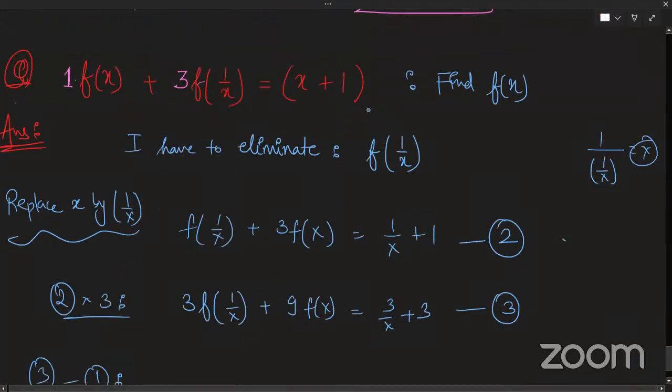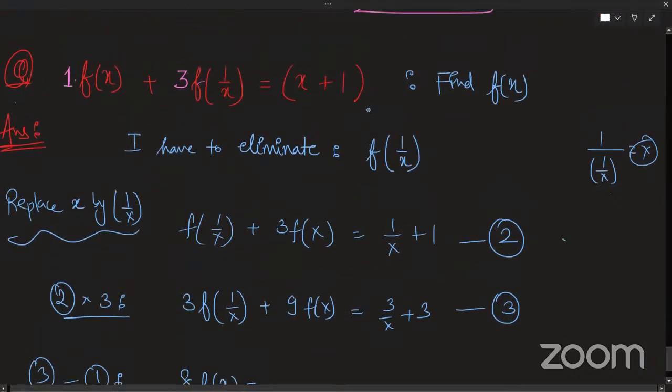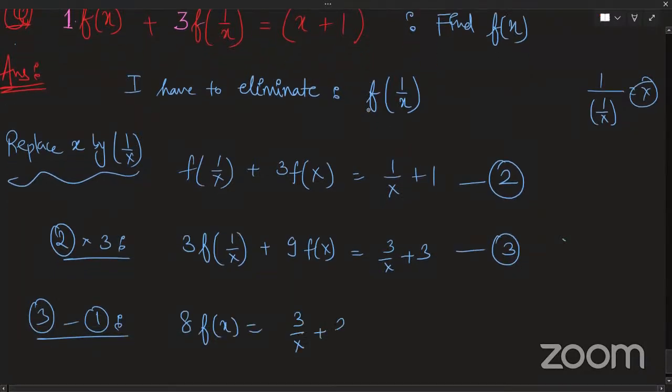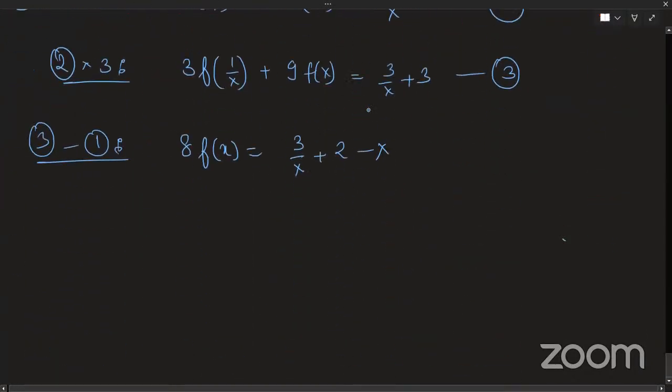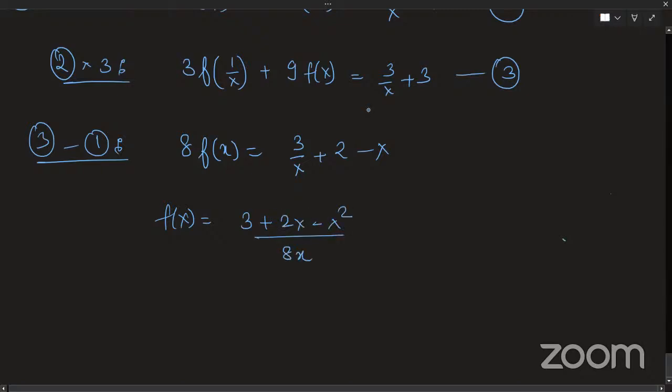So it gives 8 times f of x is equal to 3 by x plus 2 minus x. So what is my f of x? It is 3 plus 2x minus x squared by 8x. This is my answer. Fine.